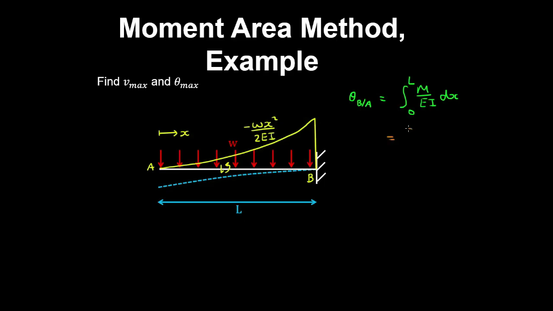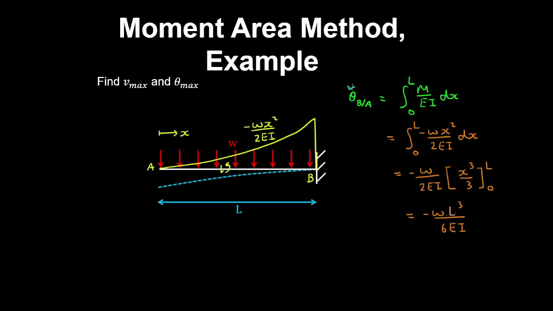So therefore we're integrating minus wx squared on 2EI over x from x equals 0 to x equals L. And taking the constants outside the integral, so minus w on 2EI, and integrating x squared, we get x cubed on 3, evaluated from x equals 0 to L, so that gives minus wL cubed on 6EI.